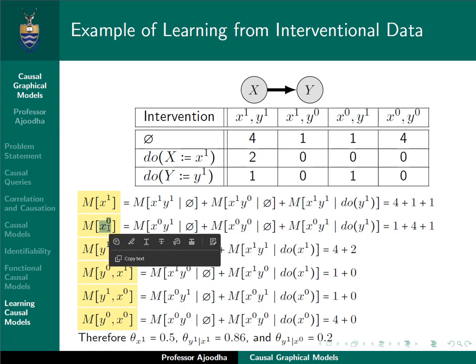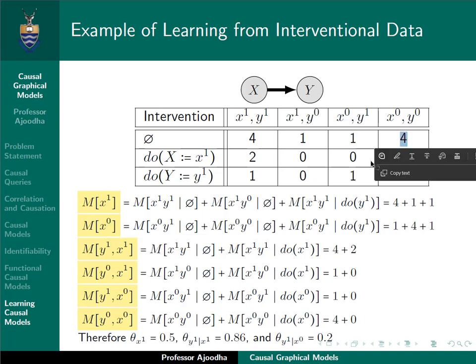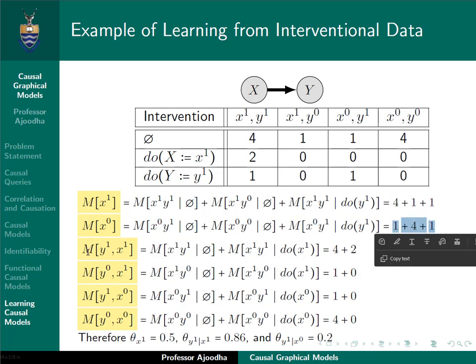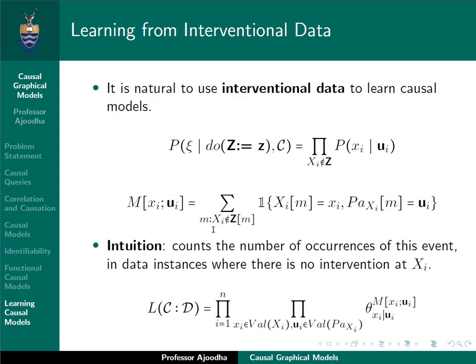For x0, similarly, we'll count this one, this one, this one, and this one, okay, which gives us 6. And now, remember, the order matters, right? These are ordered sufficient statistics. So here we're looking at, if this is x1 in this case, and this is the first thing we count, then we look at the parent of it, which is the ui.